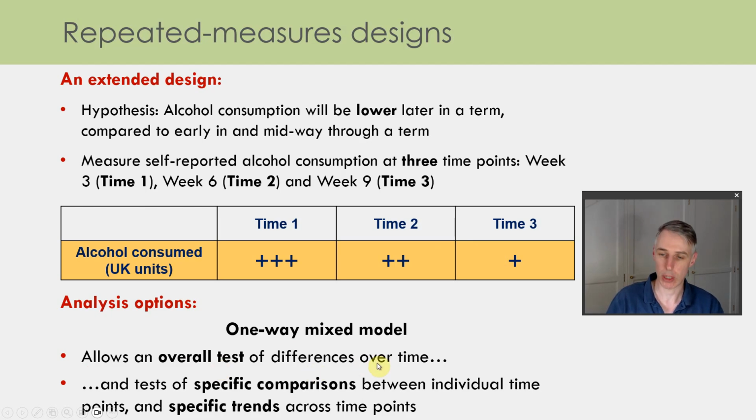Do the time points differ overall? And it also allows us to drill down a bit further to conduct specific tests that compare individual time points or combinations of time points, and also specific trends across those time points.